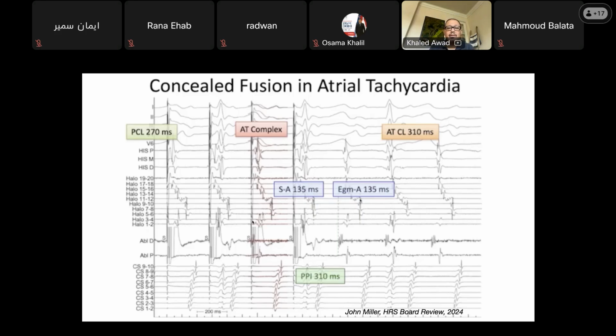If I can fuse and reset, not terminate the tachycardia, I can reset it, then I am dealing with a macro reentrant rhythm. How does he do that? He usually delivers a single extra stimulus. He times it right in the middle of the P wave. So you have to sit down, measure what you're triggering from, and then measure the interval from your trigger to where you want your stimulus to land, 200 milliseconds, 150 milliseconds.